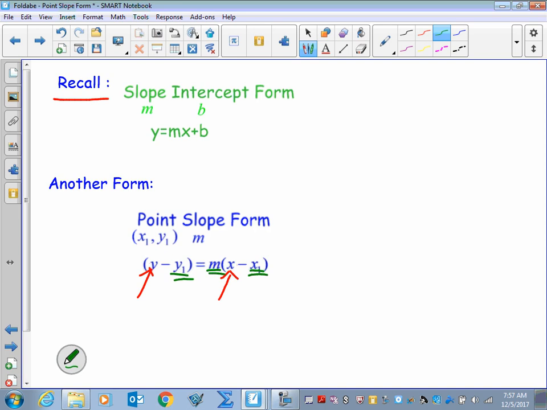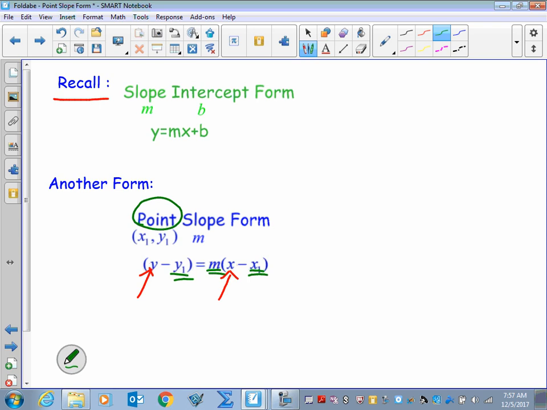So, of course, when you have a point in the problem, that's where you're going to get your x1 and your y1. So you can really tell, the x1 will go here, the y1 will go there. And, of course, if you have the slope, you know to replace m with the slope. Okay, so those are the three numbers you'll have to replace. The ones that have the arrows by it, that x and y, they will just stay there in the problem.